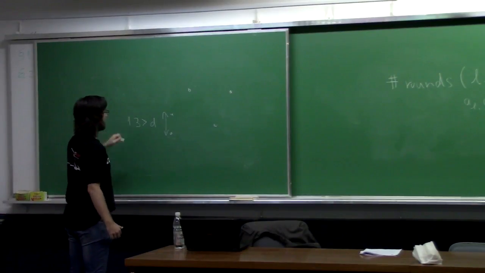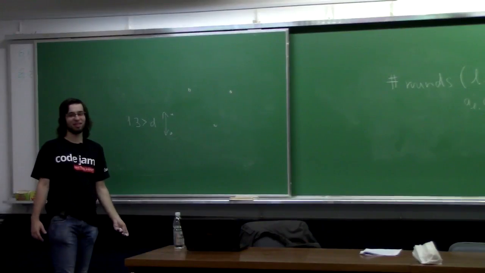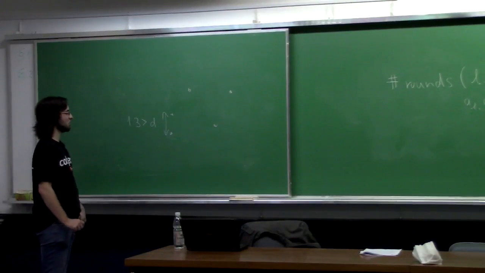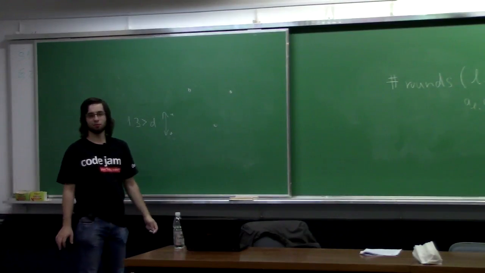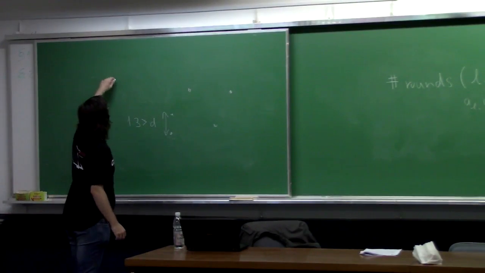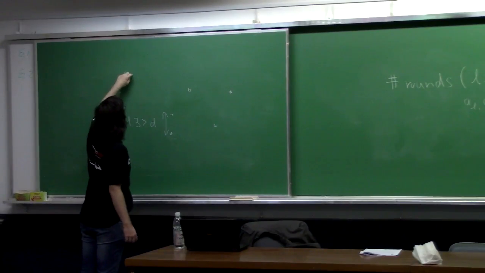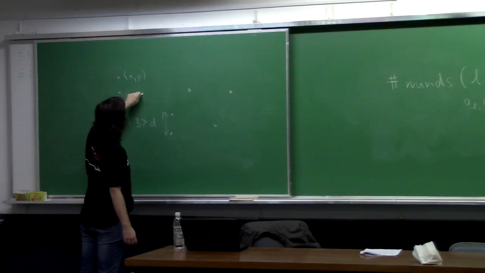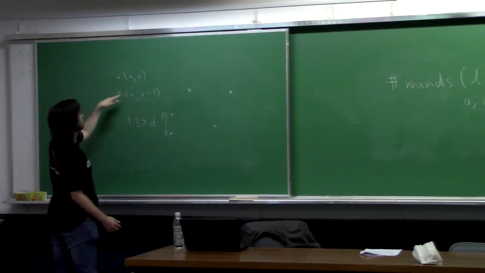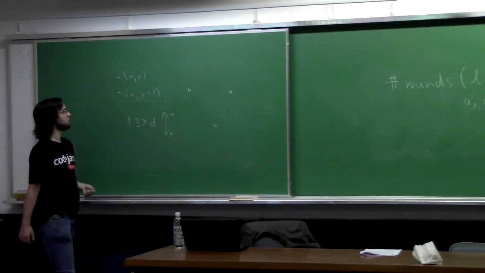smaller than 1.3. 1.3 looks like somewhat a random number because it's just a fraction, but since the points are at integer coordinates, if we have 2 points with positions x, y, and for example x, y plus 1, then these two will have distance 1, which is smaller than 1.3.